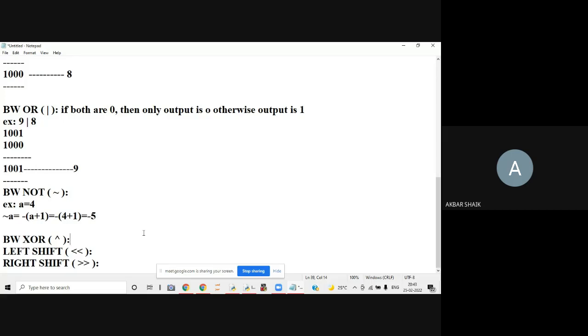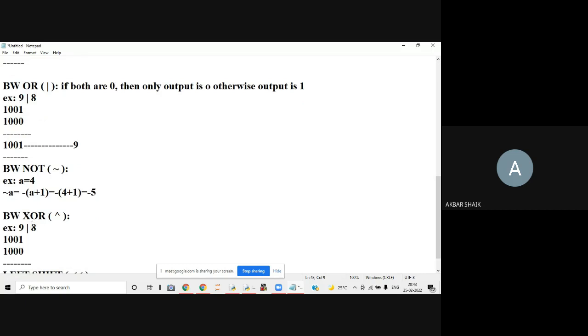Next, bitwise XOR. What is bitwise XOR? If both the bits are reversed, then only the output is 1. Same example, we'll see this one only. Bitwise XOR, 9 XOR 8. XOR is also known as the cap symbol.